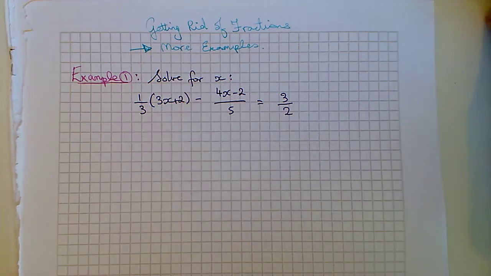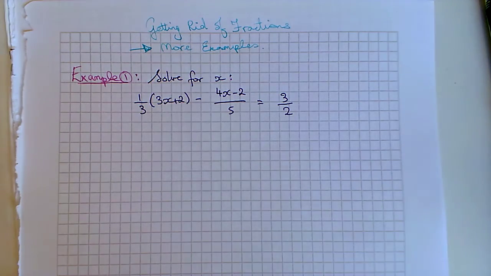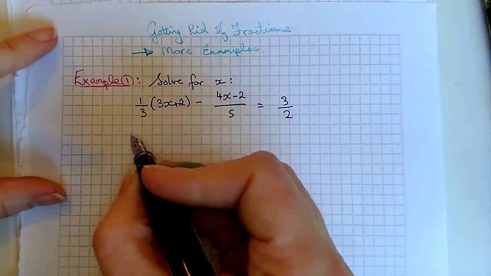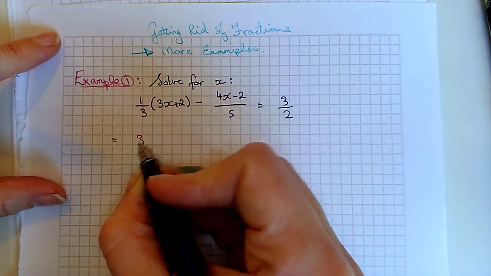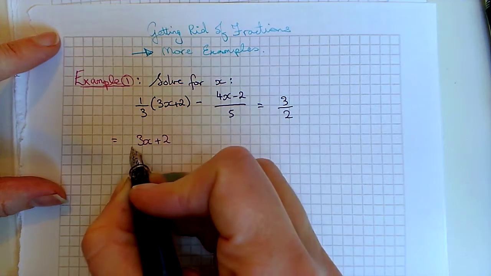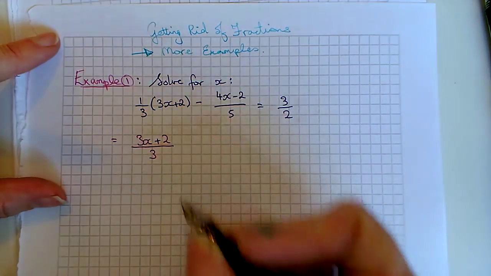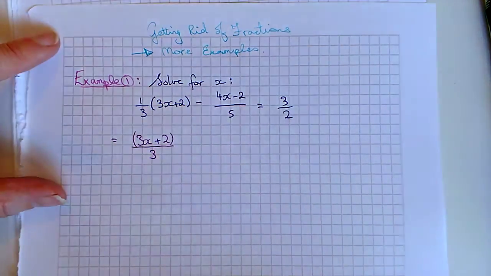So I'm going to rewrite the equation that I'm given, because the 3x plus 2, all of that, is over 3. And I'm going to keep it in brackets as well.